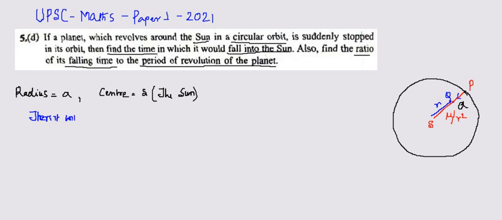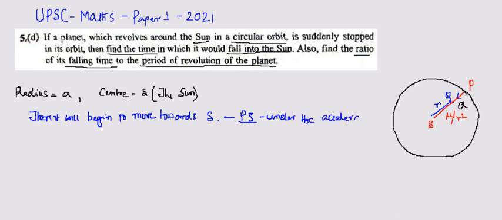Then it will begin to move towards the point S, that is the center, along the straight line PS, under the acceleration mu by distance square.